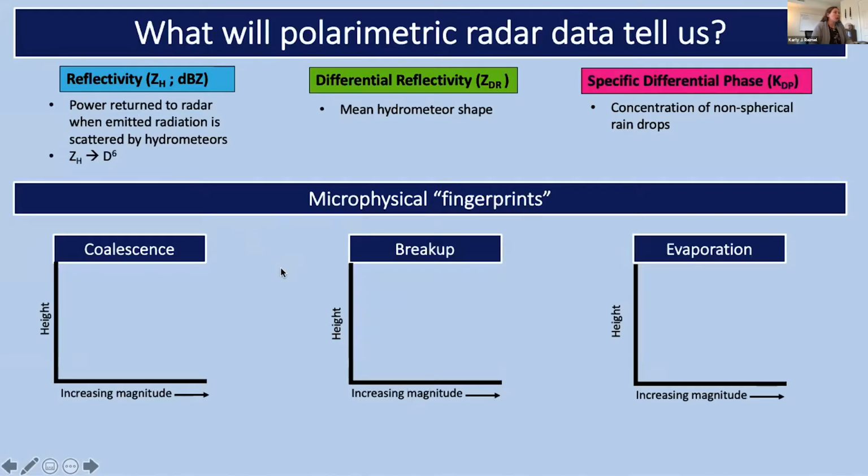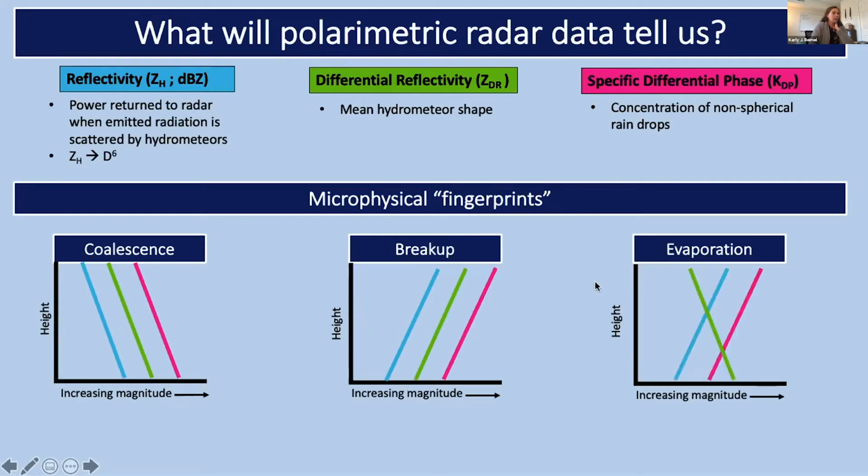So if we think about these different variables and how they evolve with height for different warm rain processes, we can expect them to behave a bit differently. For example, for coalescence, as we move towards larger drops with height as coalescence occurs, we would expect to see an increase in ZH, ZDR, and KDP moving towards the ground. In contrast, for breakup, as our drops become smaller, we would see a decrease in each of these variables.